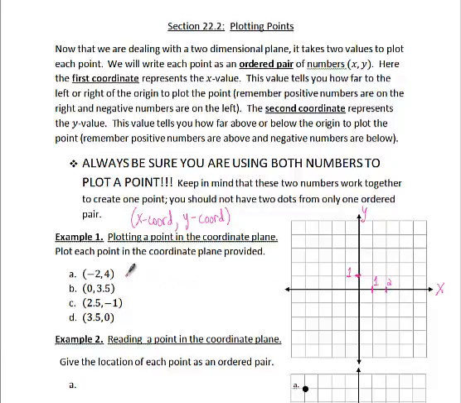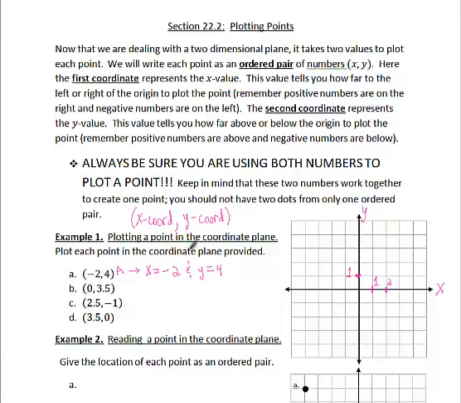So with example 1, we want to find the location, and we'll label this point on our coordinate system A. And so we are given the pair of numbers -2 and 4. So x equals -2, and then y equals 4.